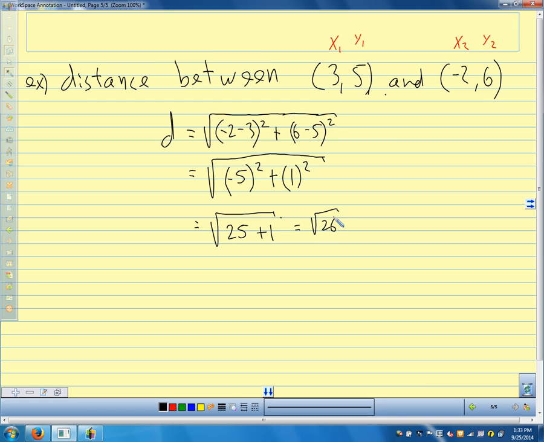And if I plug that into my calculator, what do I get? Someone have a calculator? Tell me what square root of 26 is. 5.3 something.